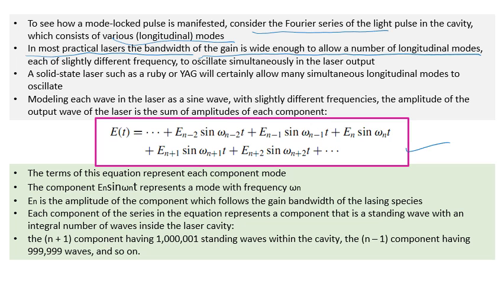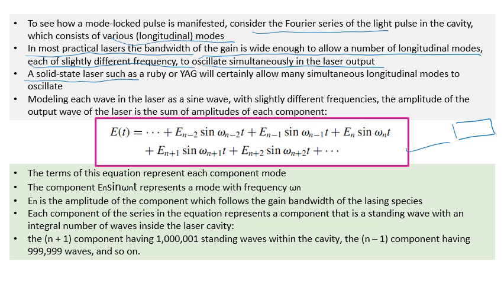We have many longitudinal modes, and then we lock them and we can get a short pulse. Each has a slightly different frequency, and they oscillate simultaneously in the laser output, as in the last slide.